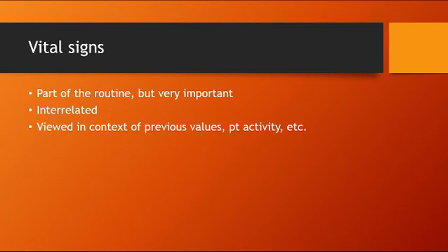If one goes down, it'll affect the other too. And when we look at them, we also want to be sure to look at them in terms of where the patient has been, both their previous vital signs and what they're doing right now.